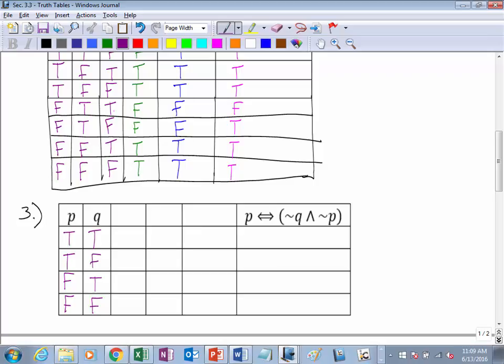So I'm going to do a column for tilde Q, a column for tilde P, and then a column for tilde Q and tilde P. So not Q, that's just going to be F, T, F, T. And then not P, that'll be F, F, T, T. And then not Q and not P, that's only true when both of those previous two columns are both true, which is on the last row. So it's F, F, F, T.